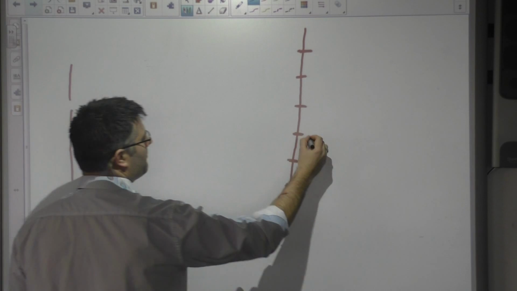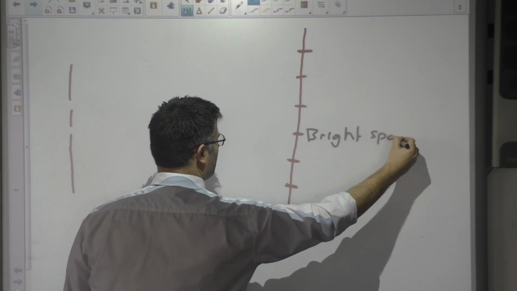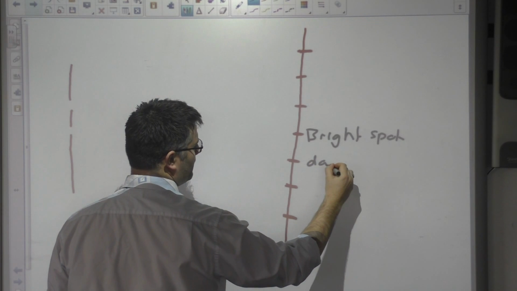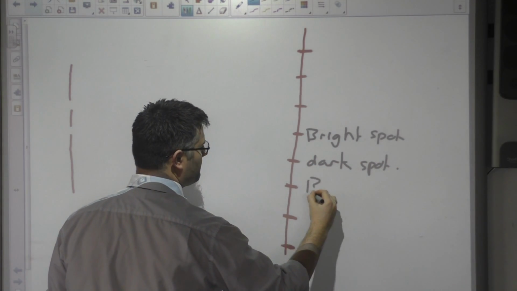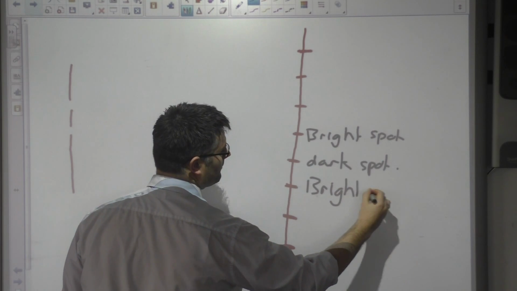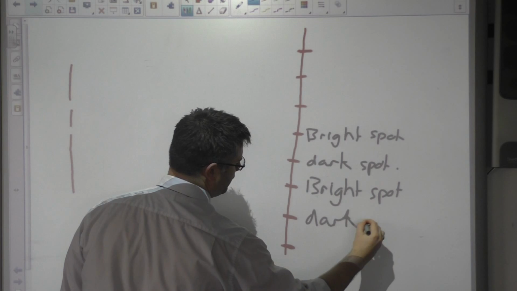So we get a bright spot here. Then we'll get a dark spot. And then a bright spot again. And then a dark spot. And so on and so forth.